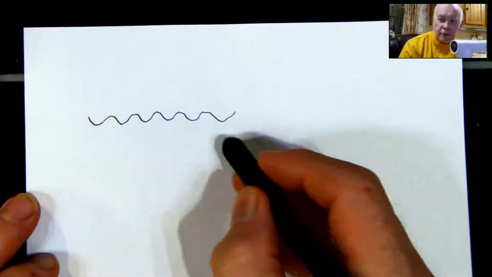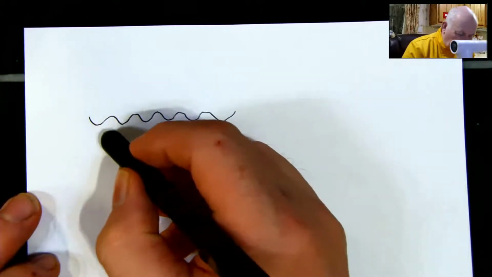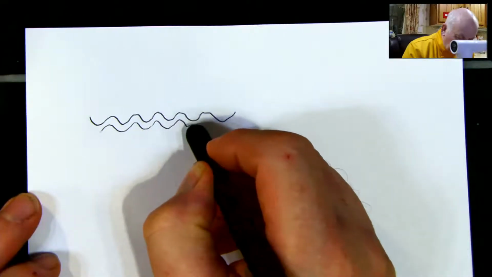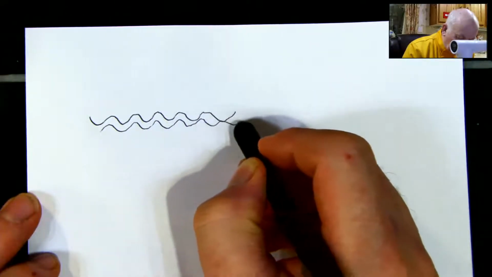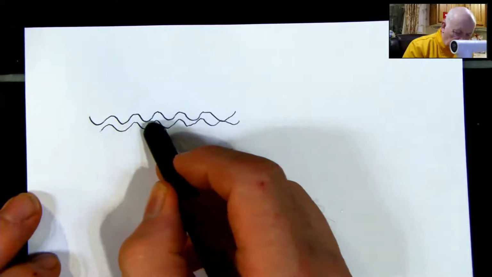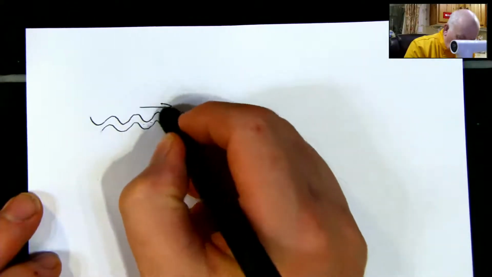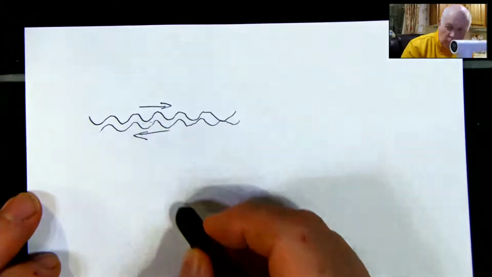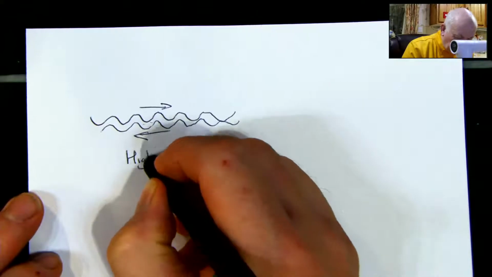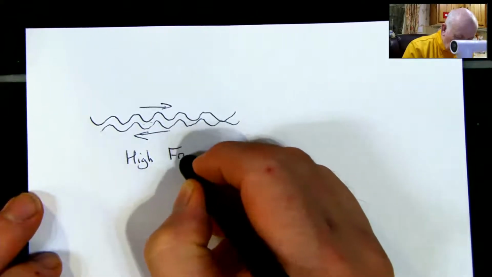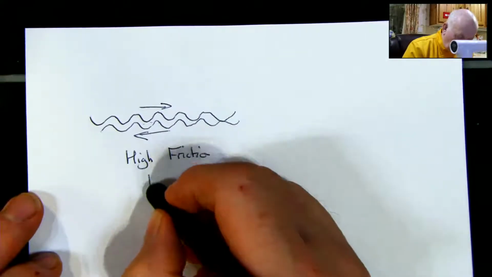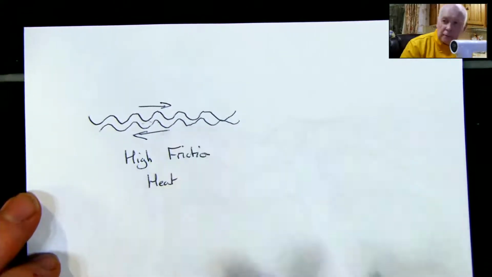These are all my fingerprints, and they rub together with my other hand, which has also got fingerprints. And these surfaces bang against one another as one moves one way and one moves the other. And this creates a high amount of friction. And as we get a high amount of friction, we generate heat.